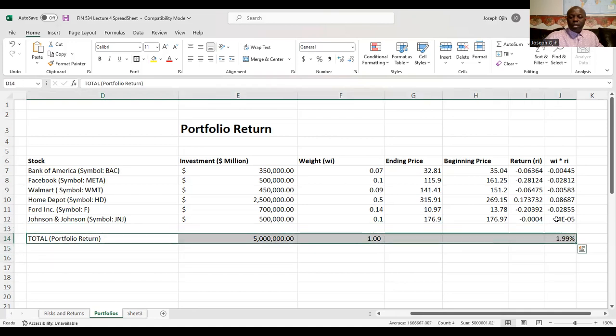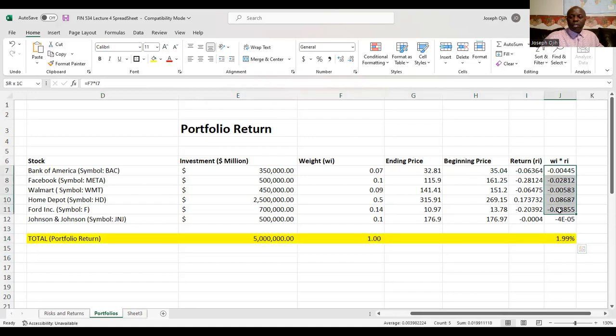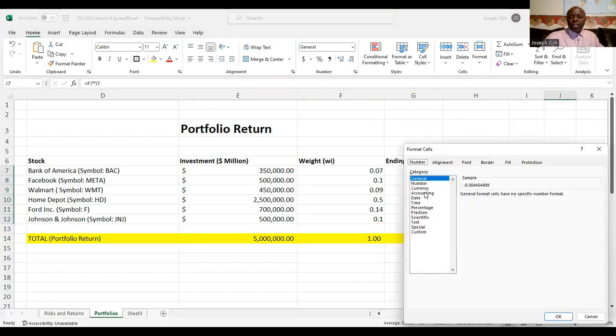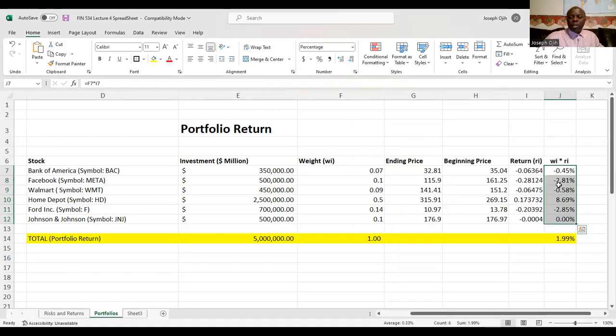So you look at all this, make it percent. Okay. Right click, format cell and make it percentage. Most of them are negative returns. But because it is a portfolio, one return can bring it up. If it is an individual stock, you are losing money, but because it's a portfolio, you still gain 1.99%.